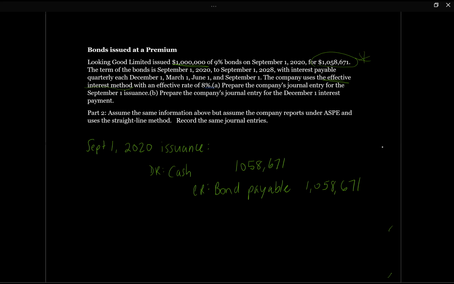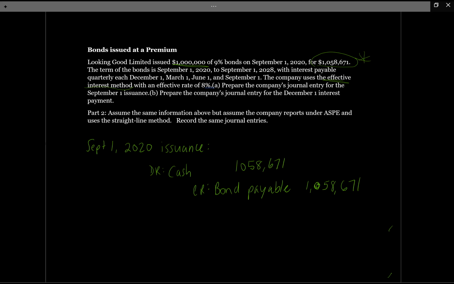So that's the cash they're going to receive, and that's the liability that's initially going to go into their statement of financial position. And like we said, over time, we're going to amortize this liability down for the bond payable, and we're going to need it to be the face value at maturity of the bonds on September 1st, 2028. We need that to be exactly $1 million because that's what we're going to owe back.